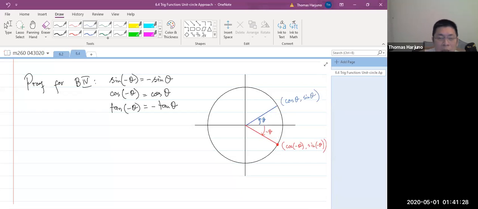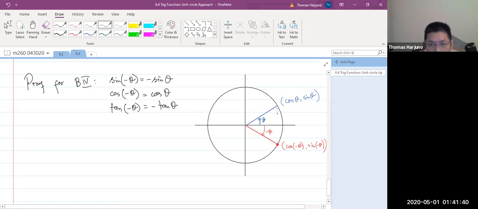Now notice that their x components are the same. Do you see that? So from there we see that cosine negative theta equals cosine theta. Now, on the other hand, the sines are opposites.